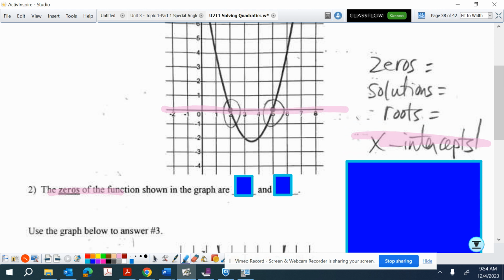X-intercepts hit the x-axis, and if you look at this graph, it hits the x-axis at 2 and at 5, and so when it asks what are the zeros of the function, meaning the values that make the y value 0, or the x-intercepts, the answers are going to be 2 and 5.